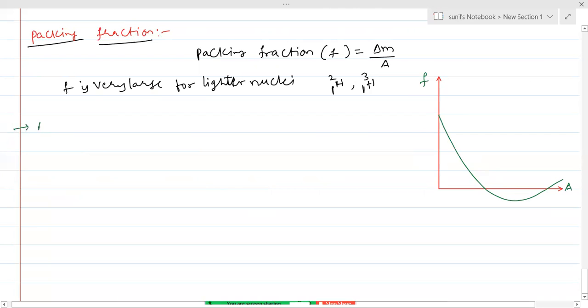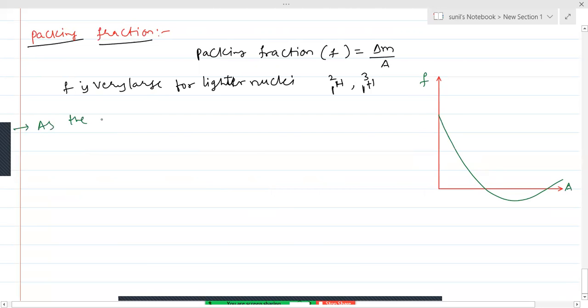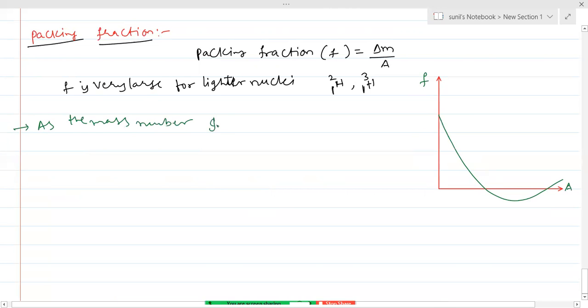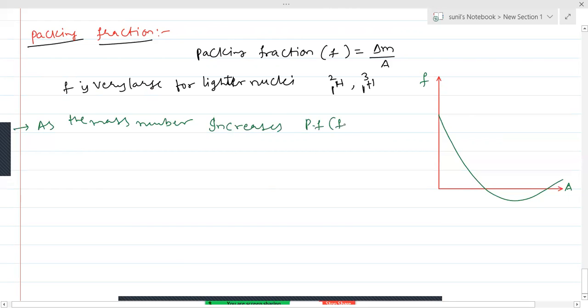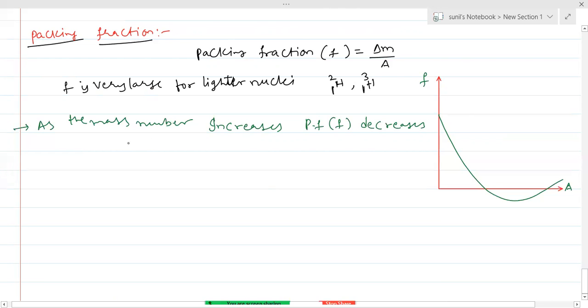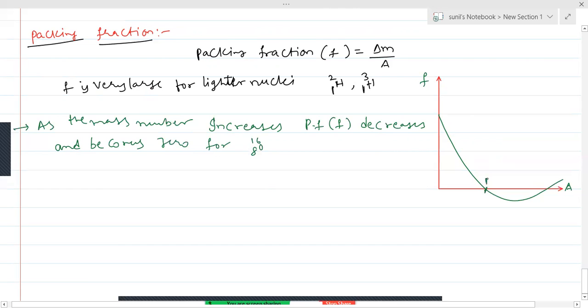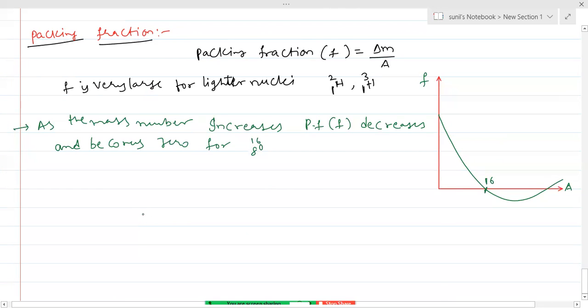As the mass number increases, the packing fraction f decreases, as is evident from the graph, and becomes 0 for oxygen-16. So at 16, the packing fraction equals 0.